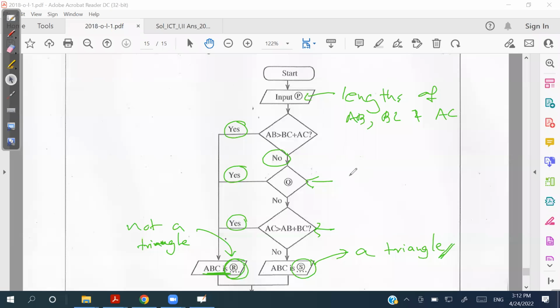And here Q is BC larger than AB plus AC. Right, so if you got all those things, you can have 4 marks. It is given 1 mark for each part. Is that clear, everyone?